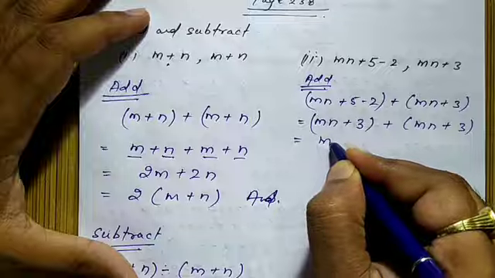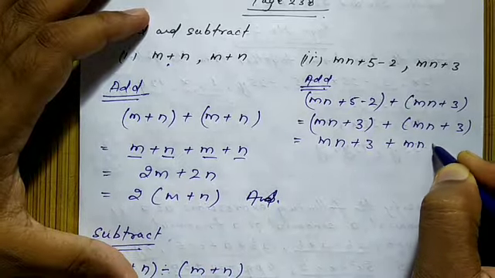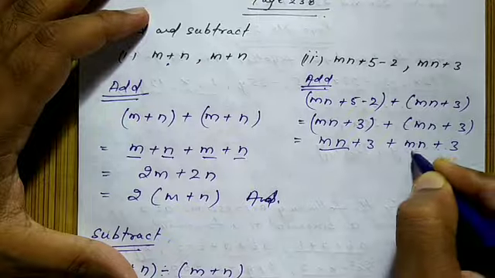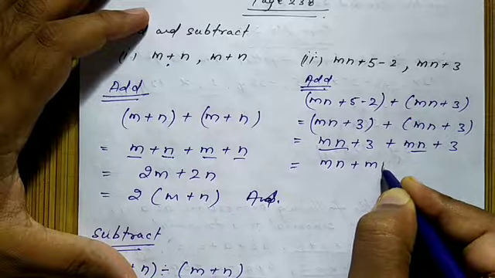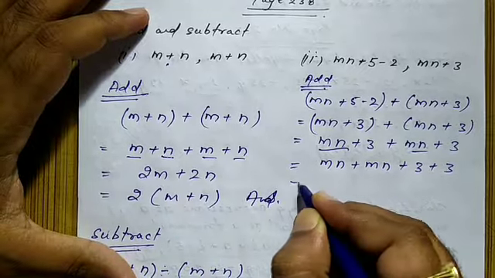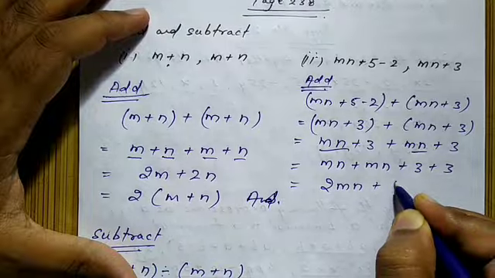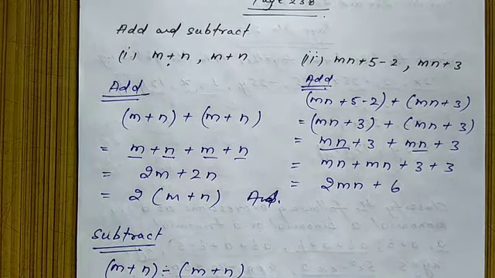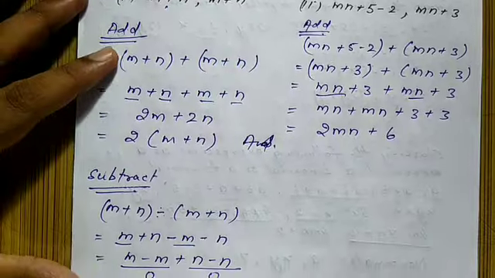Now open the bracket, mn plus 3 plus mn plus 3. mn plus mn, plus 3 plus 3, and here 2mn plus 6. This is your answer.